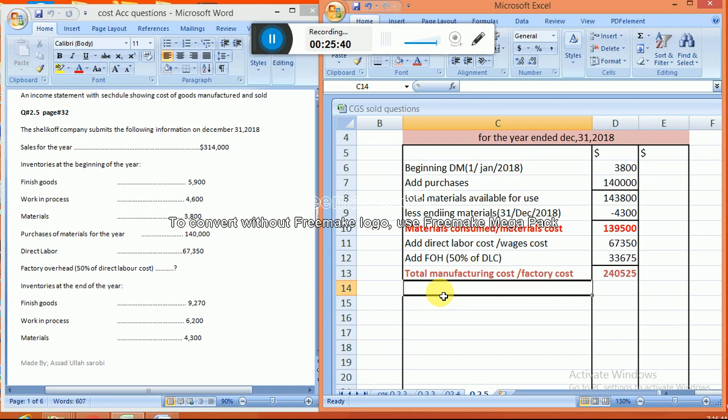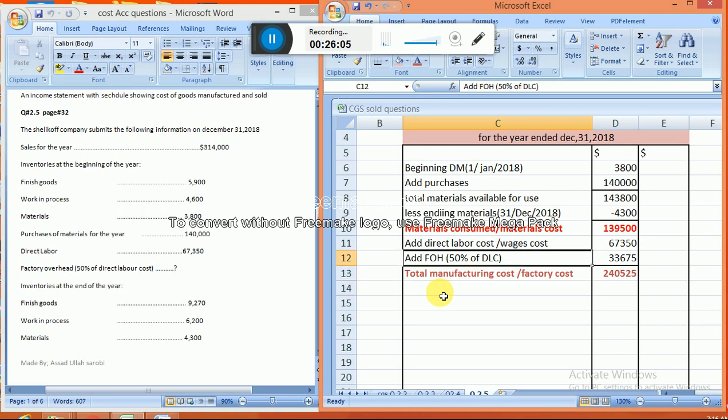In 2018 the 2,40,525 is our work in process. This is the 2018 work in process. So up to now you will understand. The remaining part I will solve in my upcoming lecture.